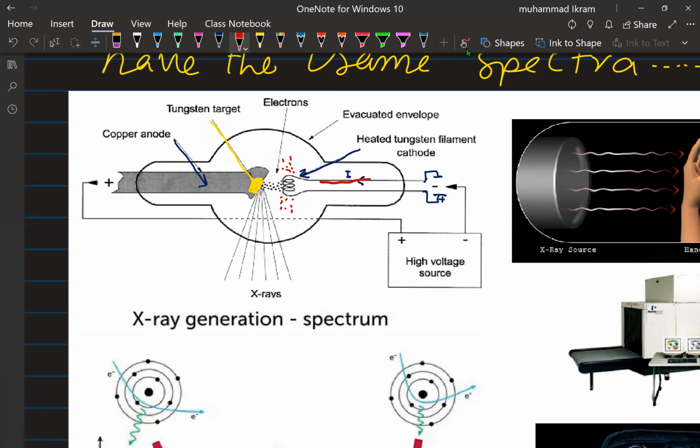When the filament is heated, electrons escape from the metal surface, and since the anode is kept at a very high potential, the electrons move towards the anode, as you see here.